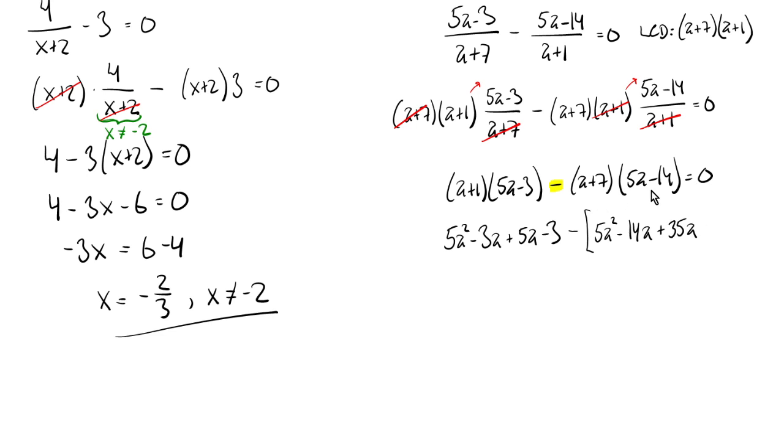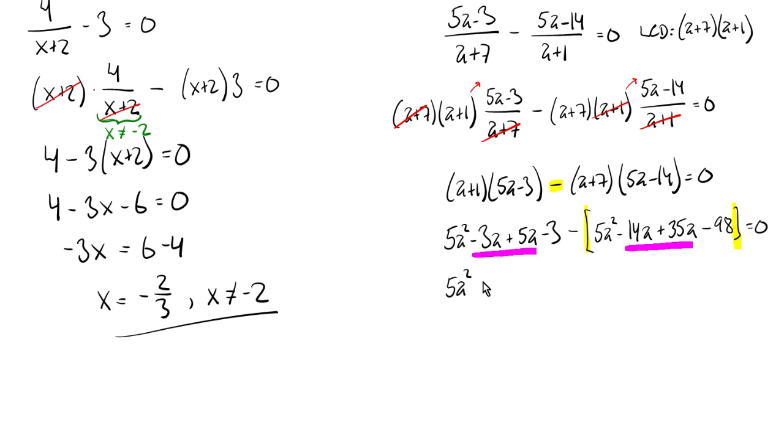We have 7 times negative 14, which is negative, what is it, 98, right? Negative 98. Yep. Now we're going to drop these brackets, and as we do that, all the signs in here will change. We will also be combining some terms. We can combine these two like terms as well as these two like terms. We're going to do that at the same time. So now we have 5a squared.